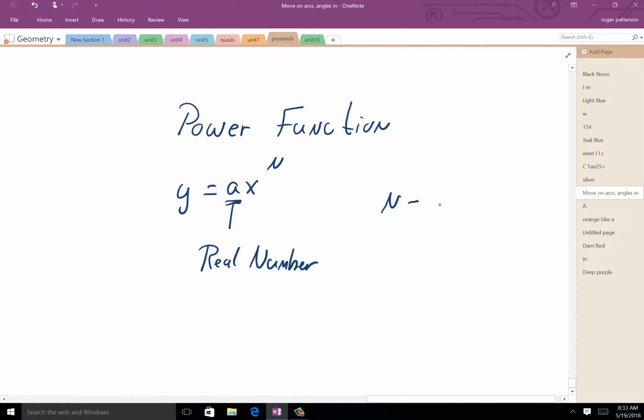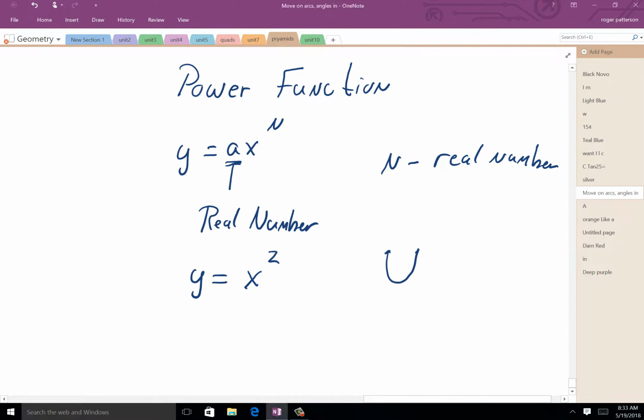N is also a real number. So some examples of power functions would be like this. That's the simplest one, kind of. Y equals x squared, which just gives us this little parabola looking thing when we graph it.